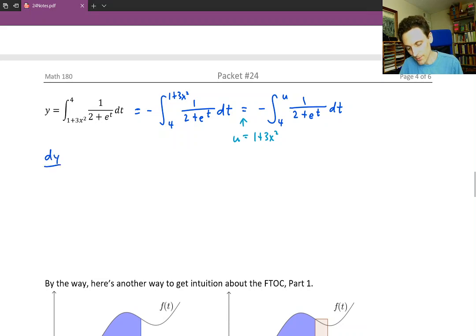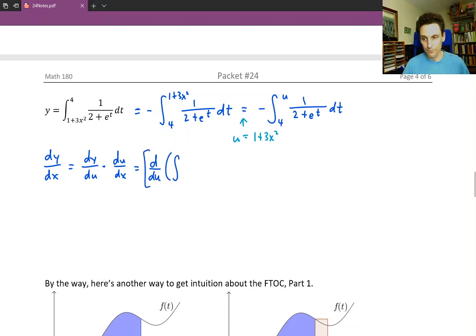Okay, so now we're ready to find dy dx. Once again, we'll use the chain rule because we've got y as a function of u and u as a function of x. And I'm going to go ahead and put the negative symbol that's in front of the integral outside of the derivative, so we'll stick it out here.